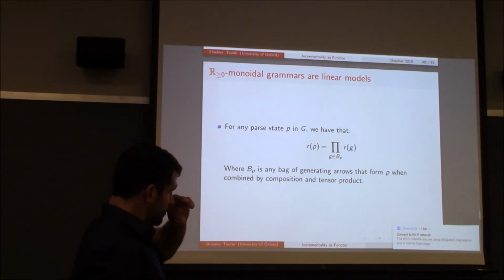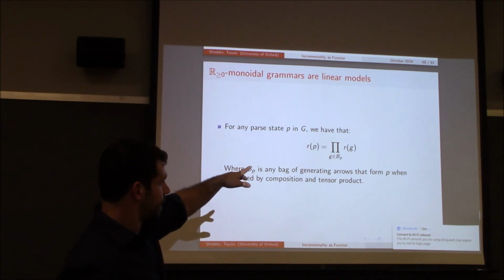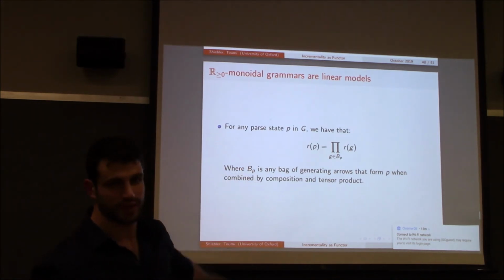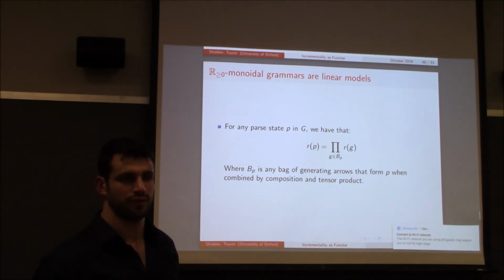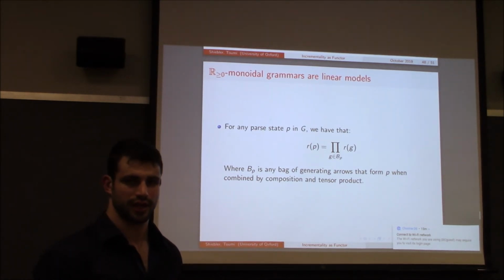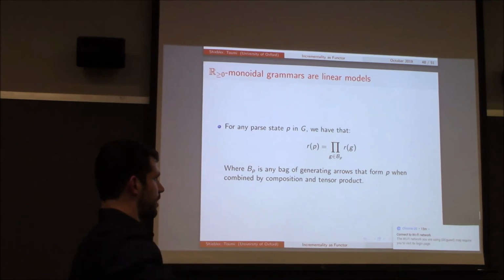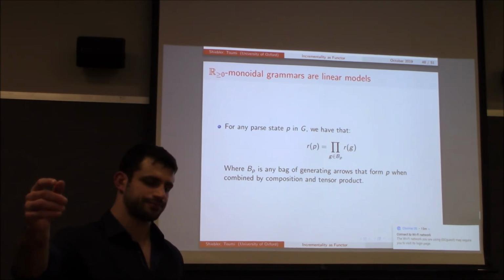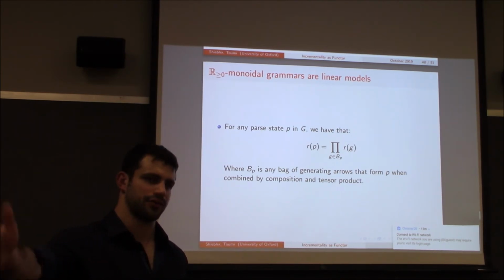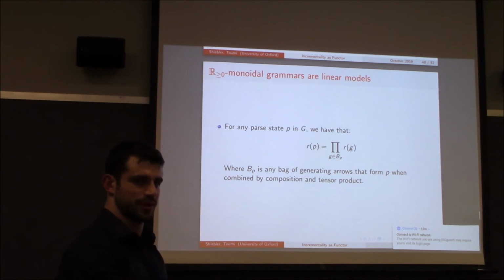And so the way we can now express the weight of a particular parse state is just as a product of the weights of the component generating arrows. This product is just because of the fact that we're mapping both composition and tensor products to semiring multiplication.